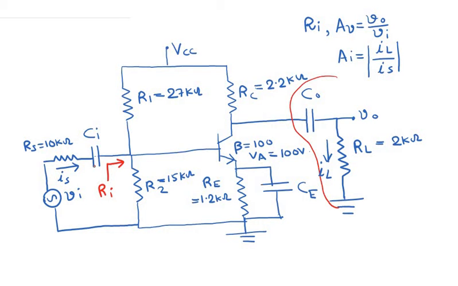Ci also acts as an open circuit, so this part of the circuit also does not come in. Let us only draw the parts of the amplifier which are important for DC analysis, and analyze the DC component of the base current and the DC component of the collector current.